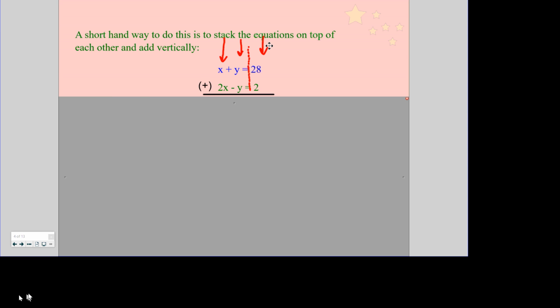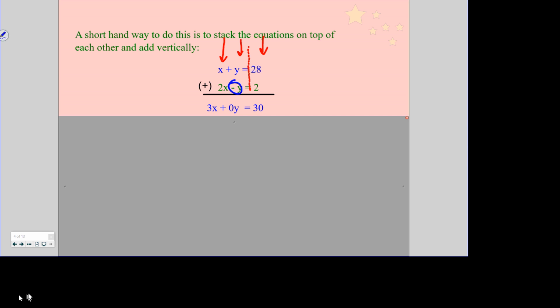Okay, from here you can add vertically just as you would adding any 2 or 3 digit numbers that you stacked vertically. So I would look at my x's first. x plus 2x gives us a 3x, and then adding vertically the y minus the y, it goes away, and then 28 plus the 2 is 30.